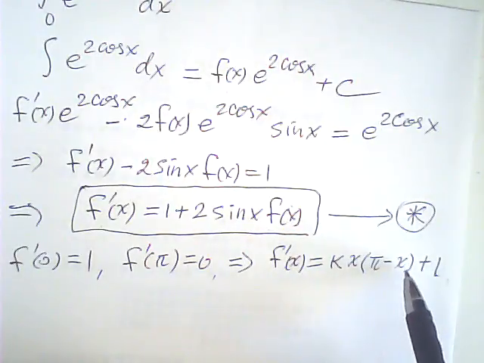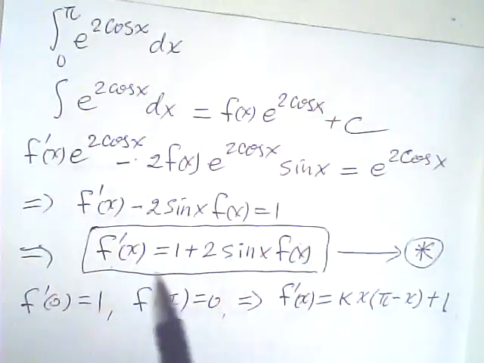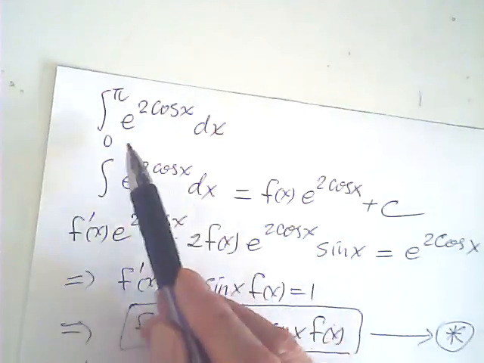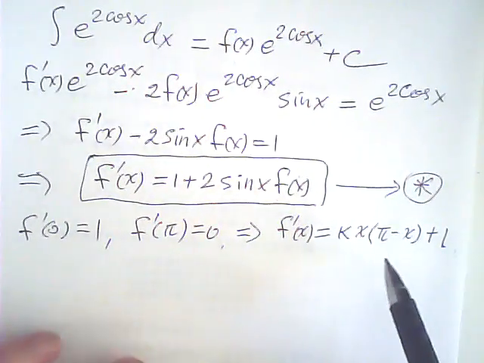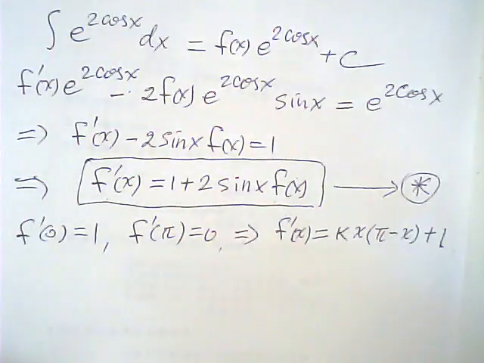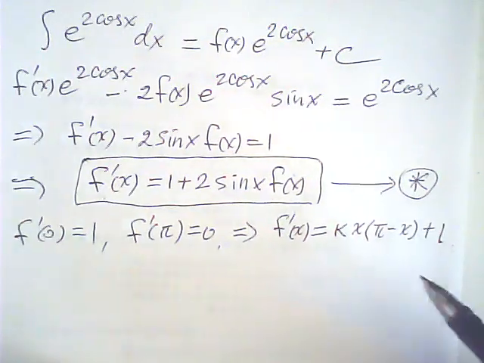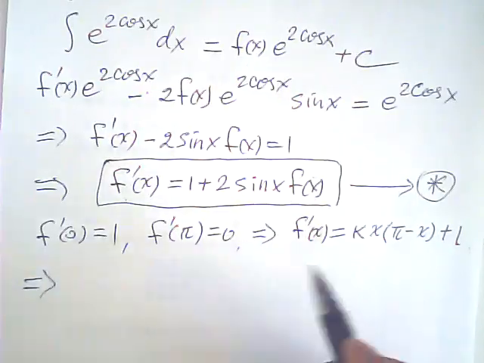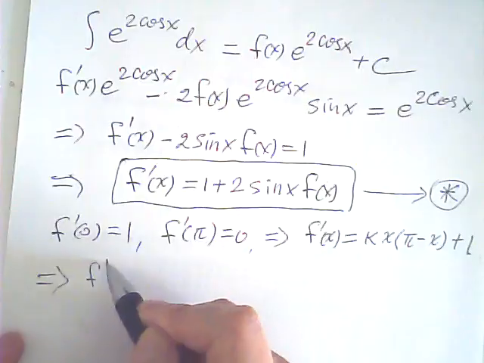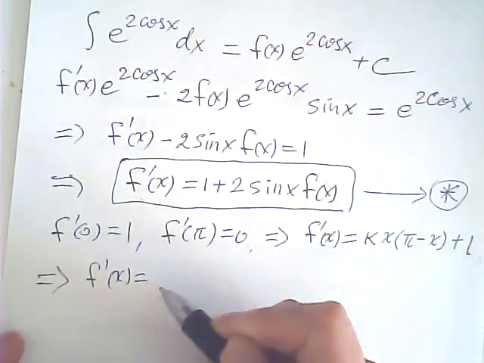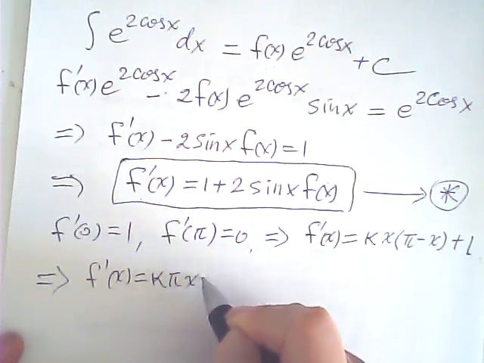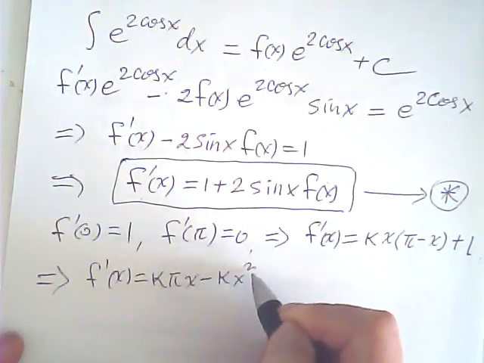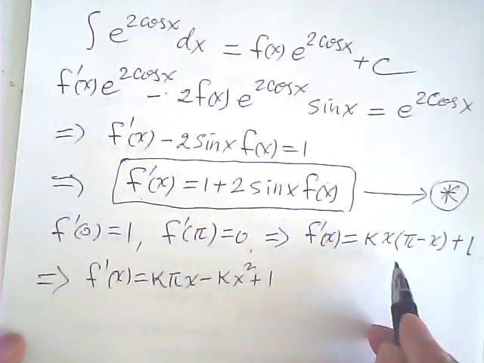So why pi minus x, not x minus pi? Because we discuss the function on the interval between 0 and pi. So that's the reason. And then we can say that f prime of x is equal to k pi x minus k x squared plus 1, right?